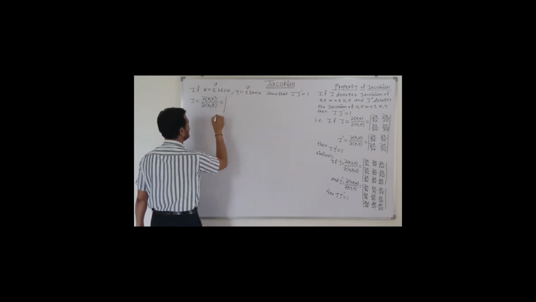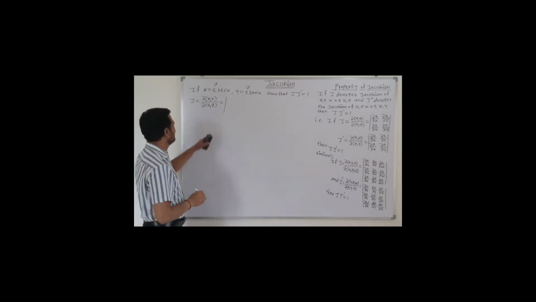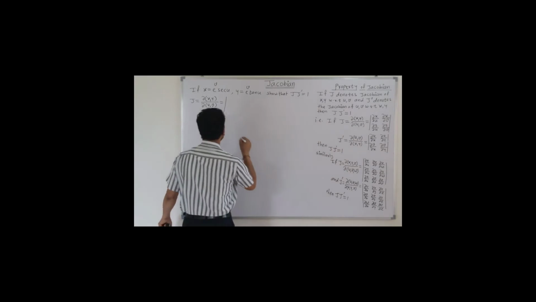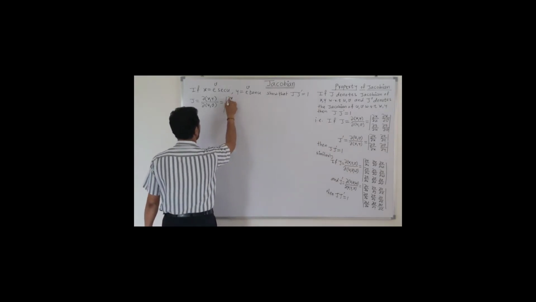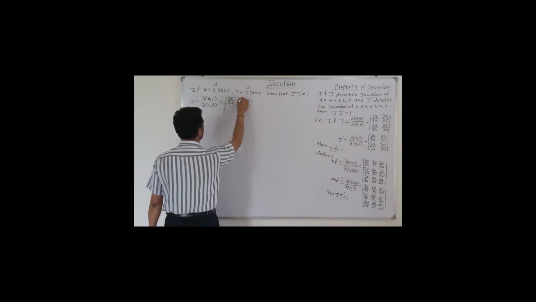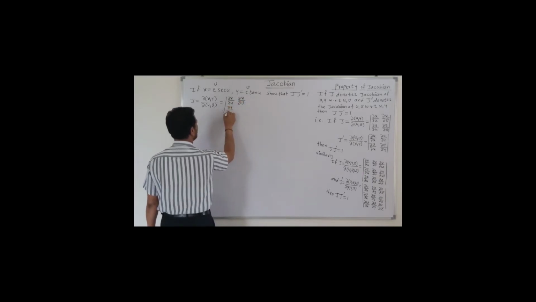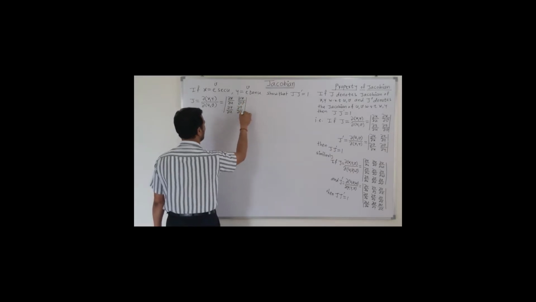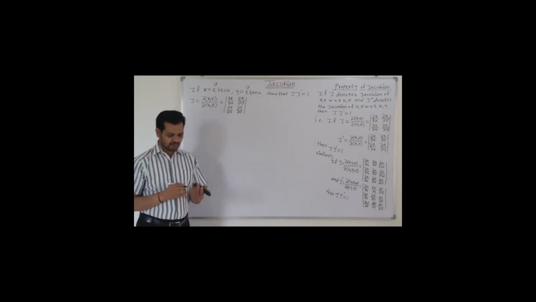We know that according to the definition, we can write the Jacobian of x, y with respect to u, v as the determinant of the partial derivative of x with respect to u, the partial derivative of x with respect to v, similarly the partial derivative of y with respect to u, and the partial derivative of y with respect to v. So this is the definition of Jacobian.